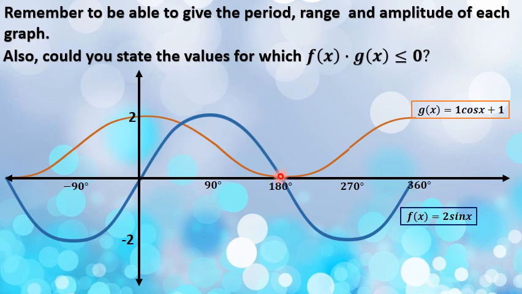And here you can see from 180 onwards, we have orange above the x-axis while blue is below. So from 180 to 360, this segment of the x-axis must also be in our answer. So x is an element of [180°; 360°].